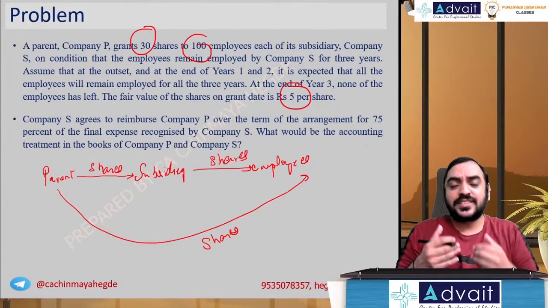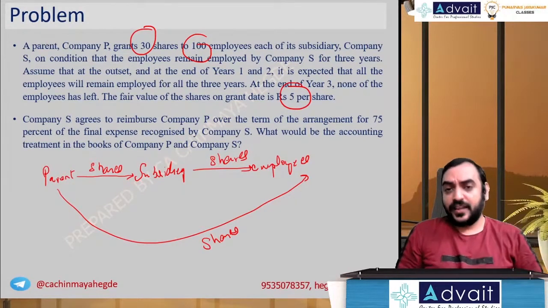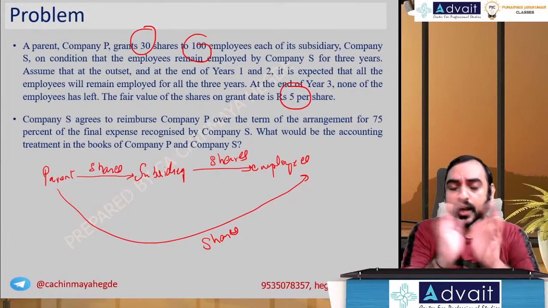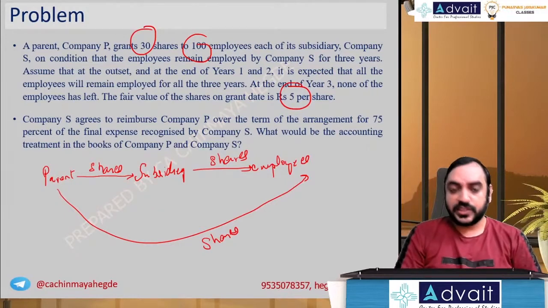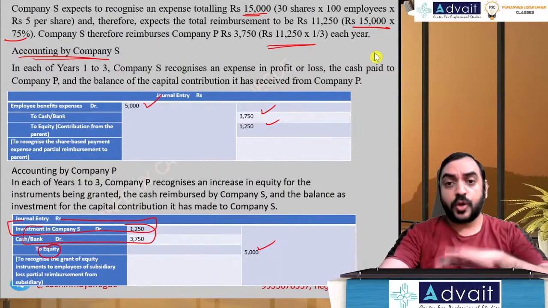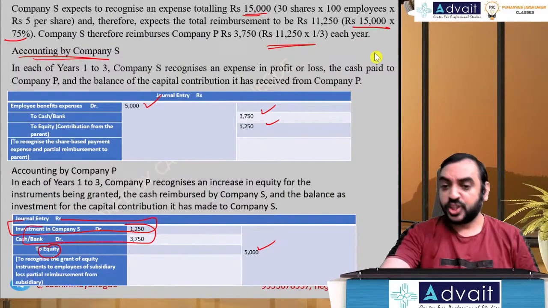So the subsidiary company is treated like a mediator. They have received the shares and they have given the shares, but they have received the benefit. So indirectly you have to account like this. Anyway, this is group accounting, or share-based payments among holding and subsidiary within a group. Hope you understood. Let's move forward.